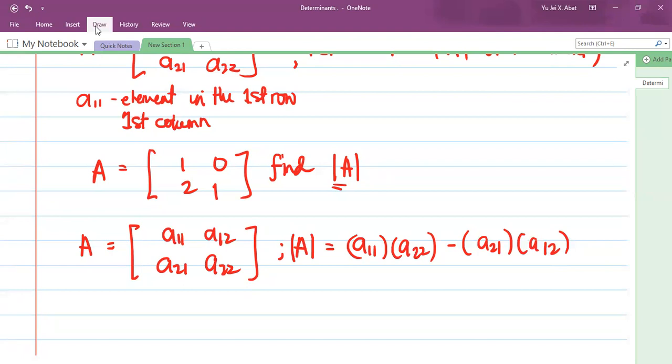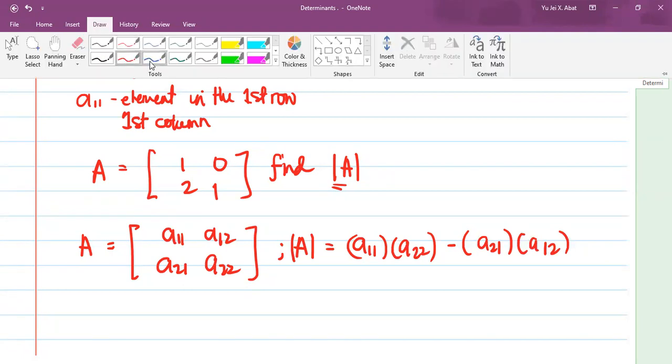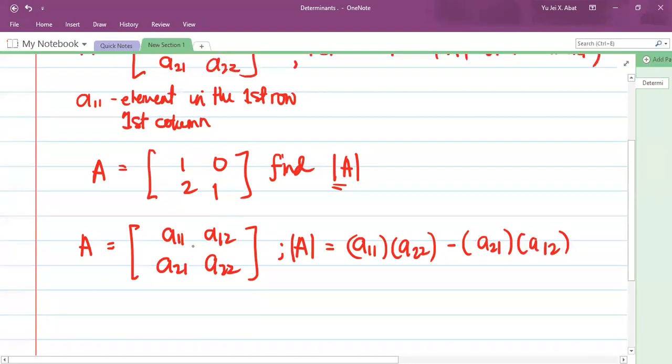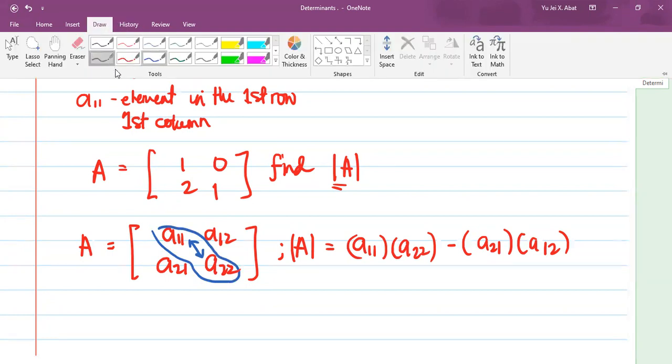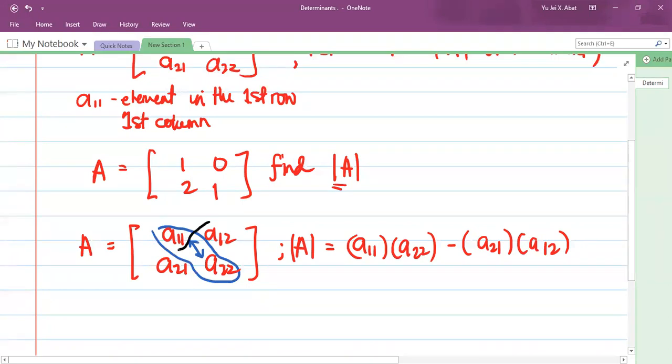For a 2 by 2, it's the product of this diagonal, minus the product of the other diagonal. That's for a 2 by 2 matrix.